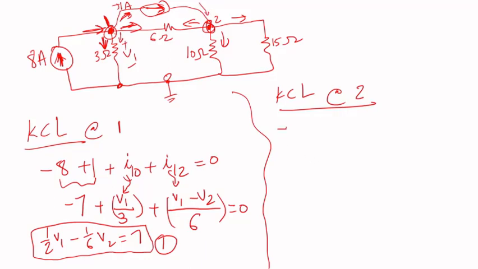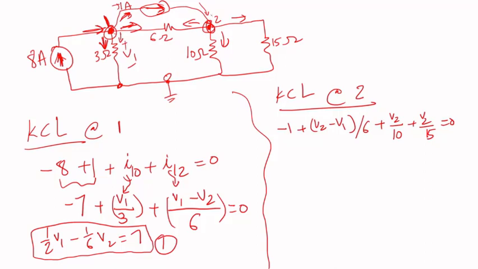So negative 1 plus V2 minus V1 divided by 6, plus V2 divided by 10, plus V2 divided by 15 equal to 0.